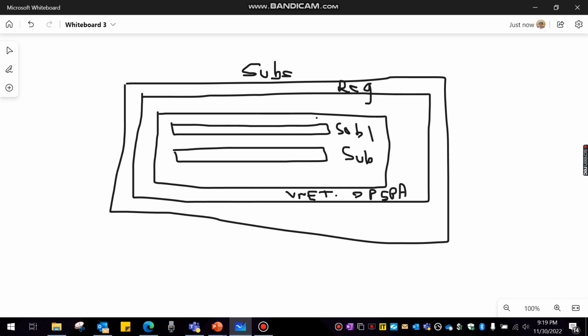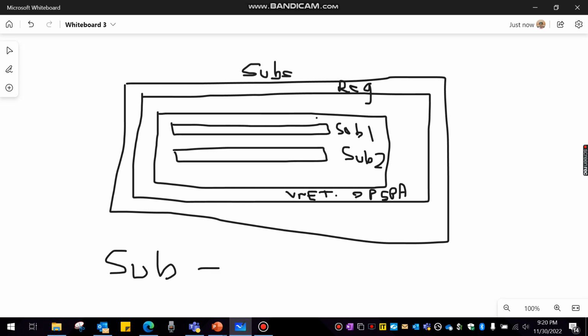Now this subnet is basically the same thing that we have in our traditional routing, traditional network subnetting. Normally in our traditional network, as we know, in subnetting we have two IPs that we normally don't use.